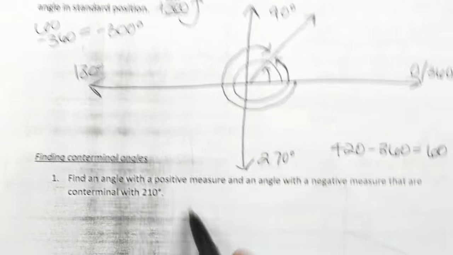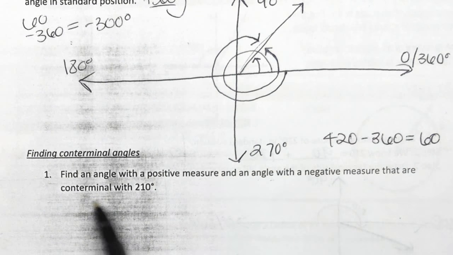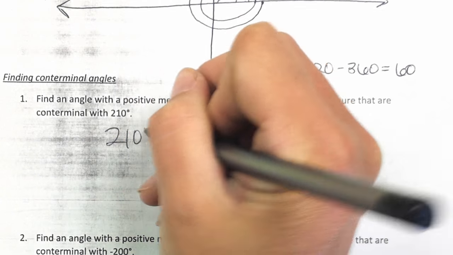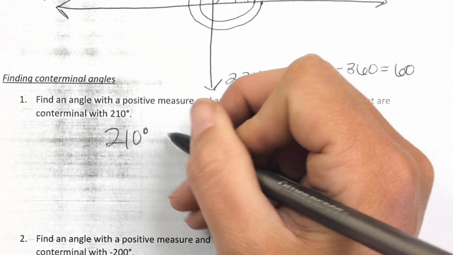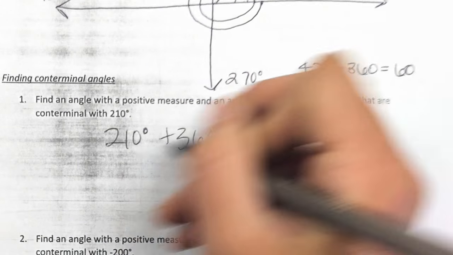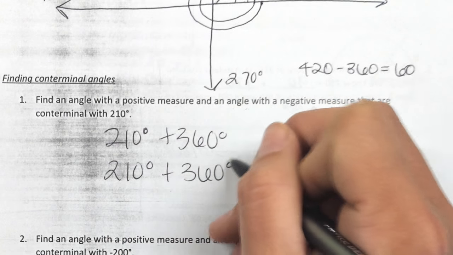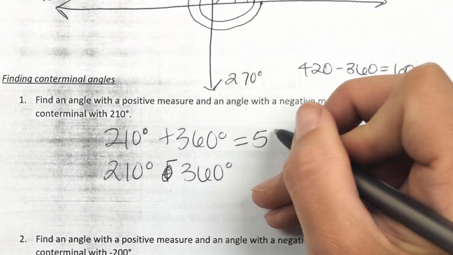So for 210, it says find a positive measure and an angle with a negative measure that are coterminal with 210. So what do you think we're going to do? Add 360 and subtract 360. So tell me what the positive coterminal angle would be. 570.